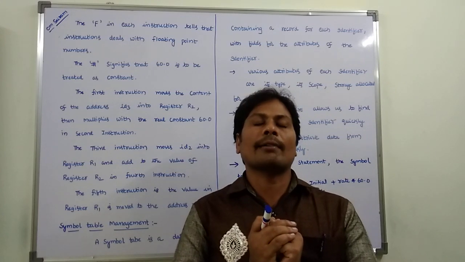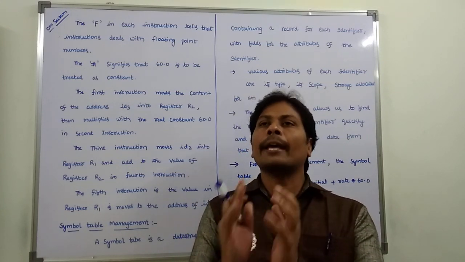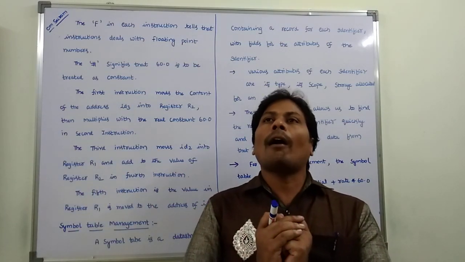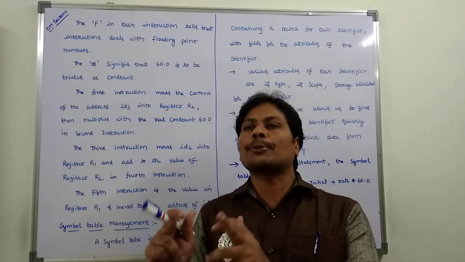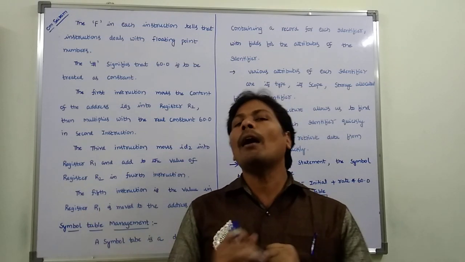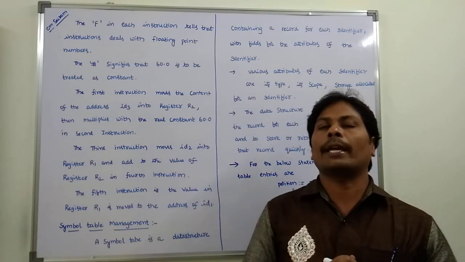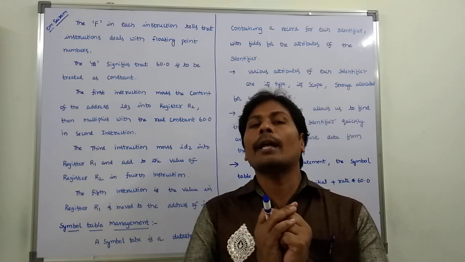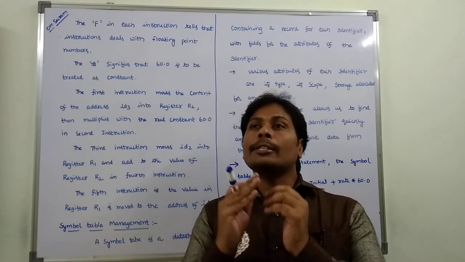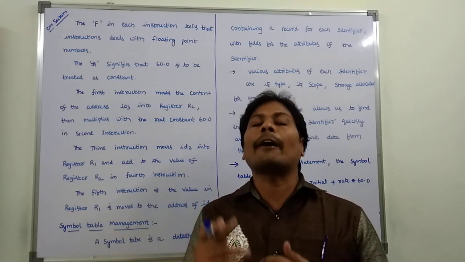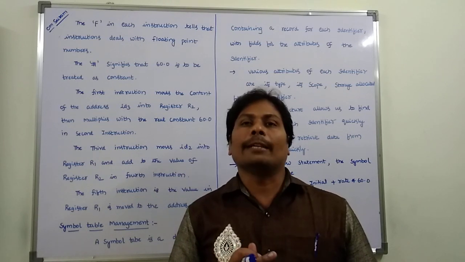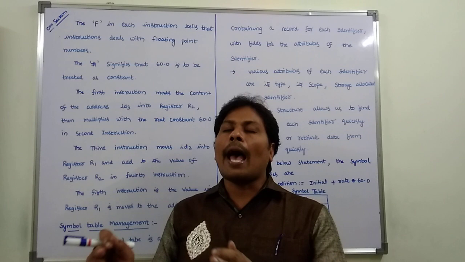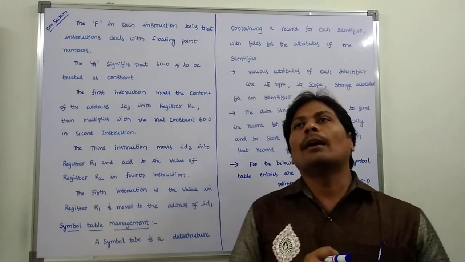In that data structure, a record is there for each and every identifier, and also some fields for storing the attributes of the identifier. Okay. This data structure allows us to store the identifiers and to find any identifier so quickly, that means to access the identifier as early as possible.